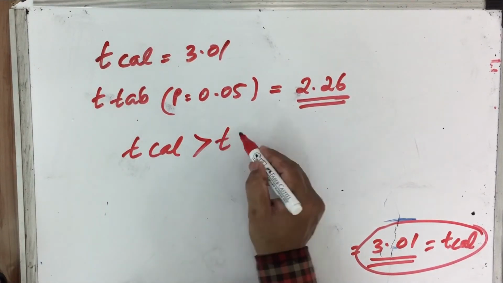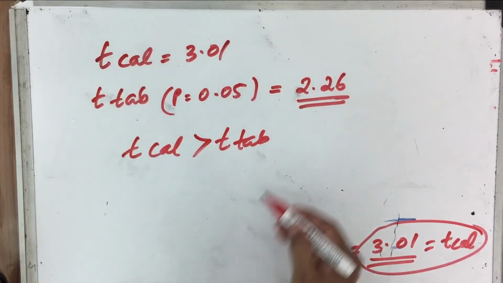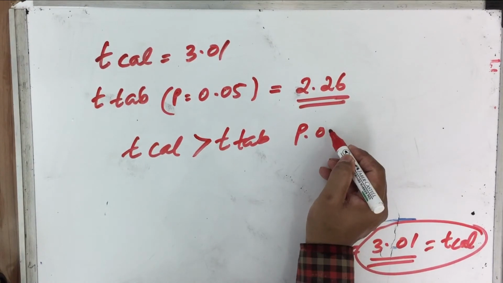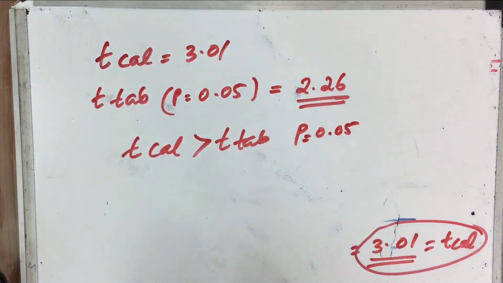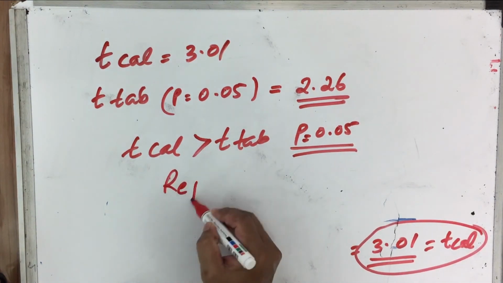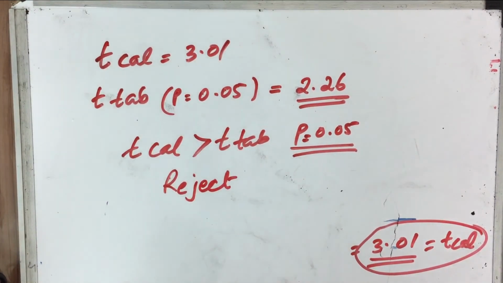You see that if the calculated value is higher than the t table value, at P equal to 0.05, at a 95% confidence interval, if the calculated value is much greater than the table value, so therefore, what we do is we will reject this hypothesis. Okay, we will reject the hypothesis.